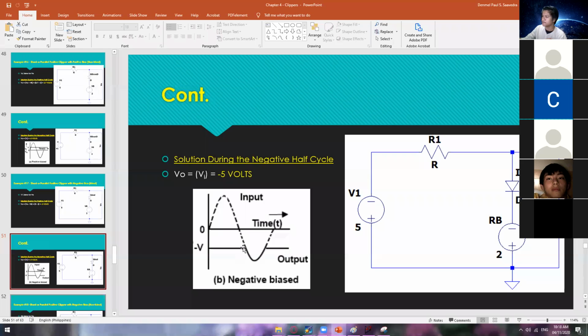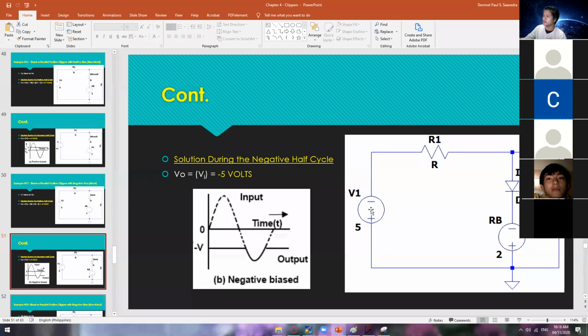So as you can see right here, this is now being deducted from our graph. So -1 will not conduct since this one is making it forward bias, and -2 will also not produce any voltages since it's making this diode forward bias.